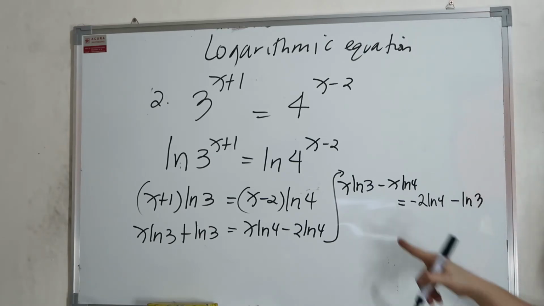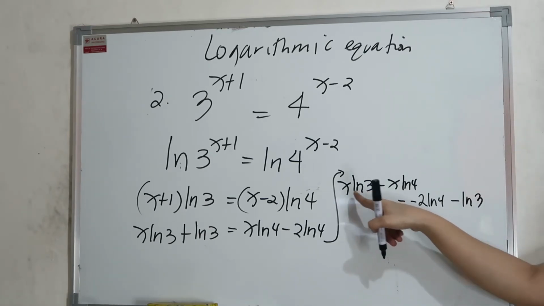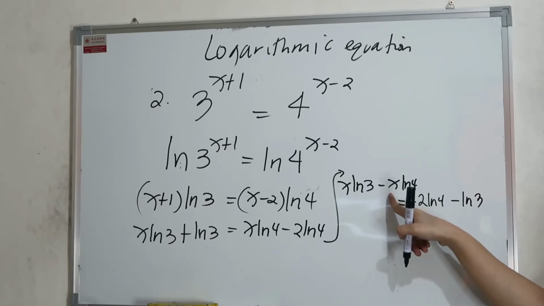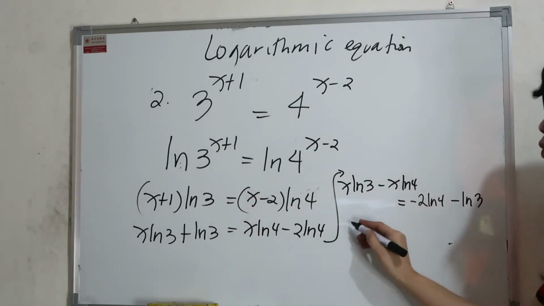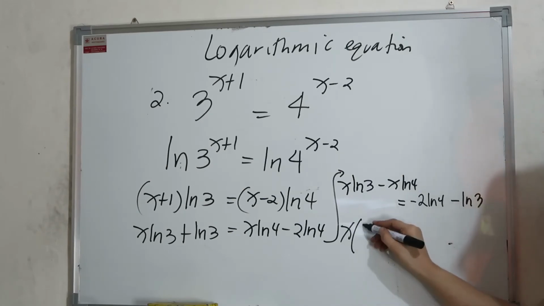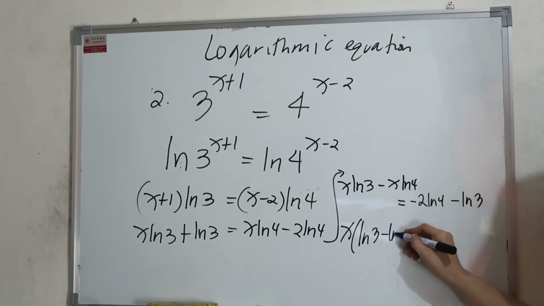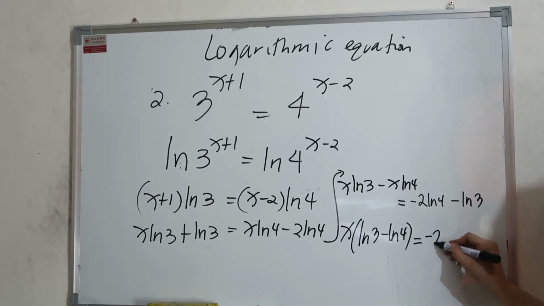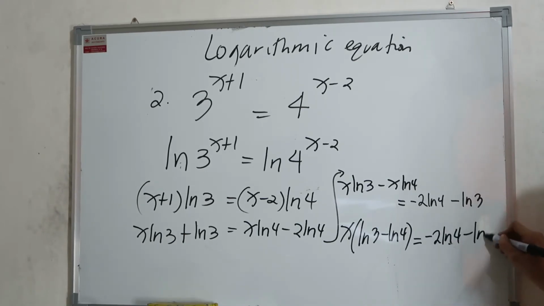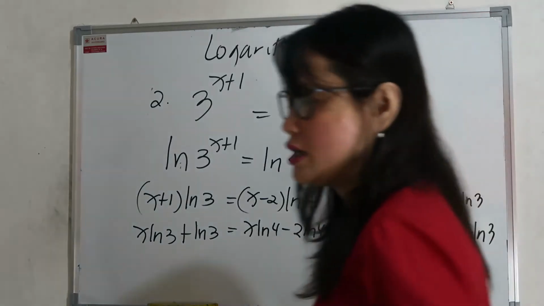Now, what have you noticed? On the left side, the common factor is x, so you bring out x. That becomes x multiplied by ln of 3 minus ln of 4 is equal to negative 2 ln of 4 minus ln of 3.